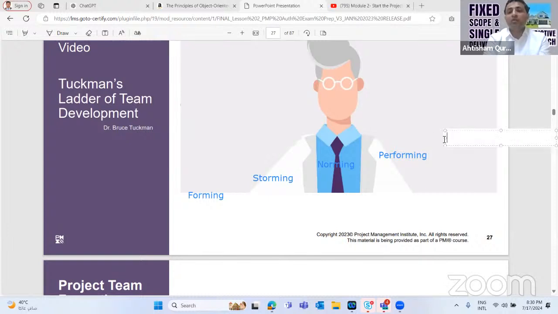Now, Bruce Tuckman also said that the teams disintegrate after the projects finish, right? Just like a project has a start and end, the teams have to part ways. So he mentioned the last stage as adjourning, and he said that it is where you will celebrate the success along with the team, and you will hold a success party, something to cheer about, that we all achieved something together.